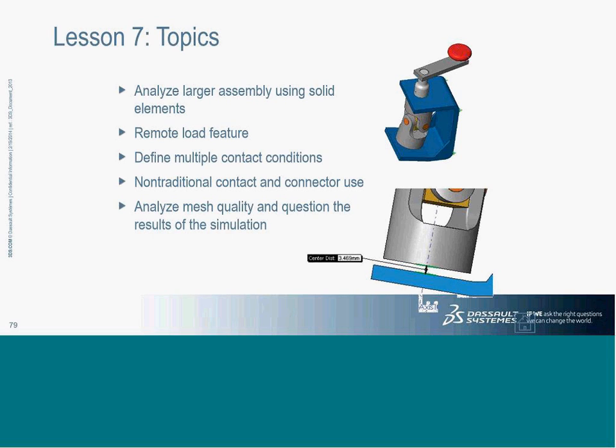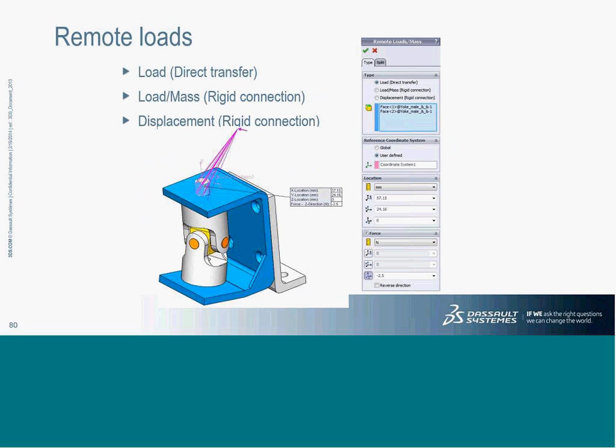So the remote load option, I think we discussed this yesterday. It is a way of representing a remote body which is present, but not simulated in the software. You can use this option to do that. There are different options. One of them is load direct transfer, rigid connections, and rigid connections using the displacement option.